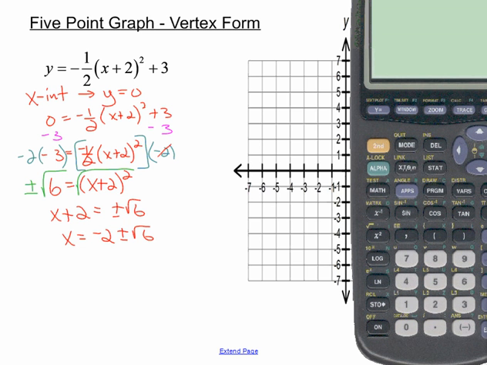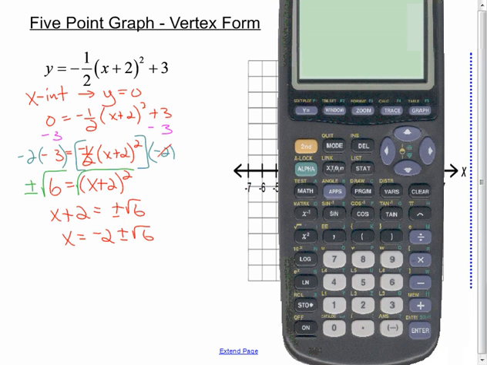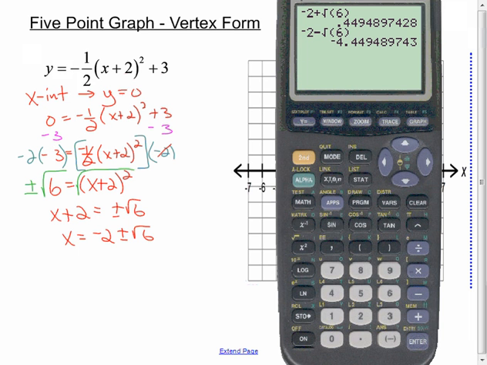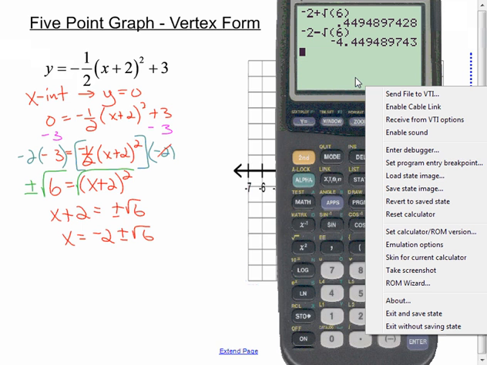So I'm just going to go to my calculator and build approximations for them by doing -2 plus the square root of 6, and then second enter so I can save myself some typing, -2 minus the square root of 6. Okay, so I'll just take a quick screenshot of that.